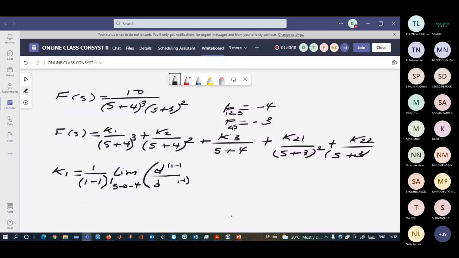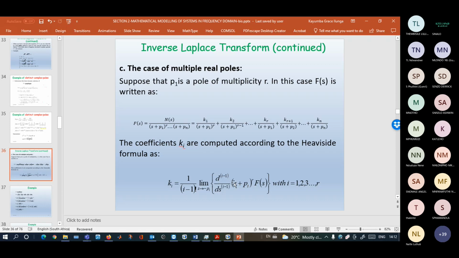Then we have 1 minus 1, of what? Of the root with the highest power times the function.